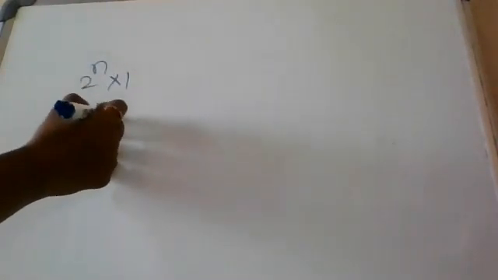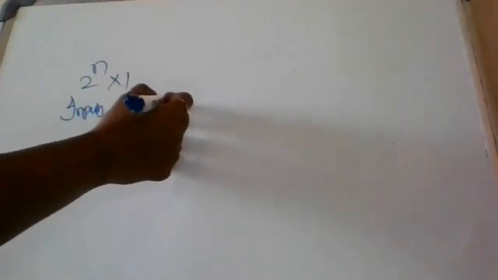So we have a 2 by 1 multiplexer, a 4 by 1 multiplexer. So here 2 power n, where n is the number of selection lines. So 2 power n into 1 here. These are the inputs, and this is the output.